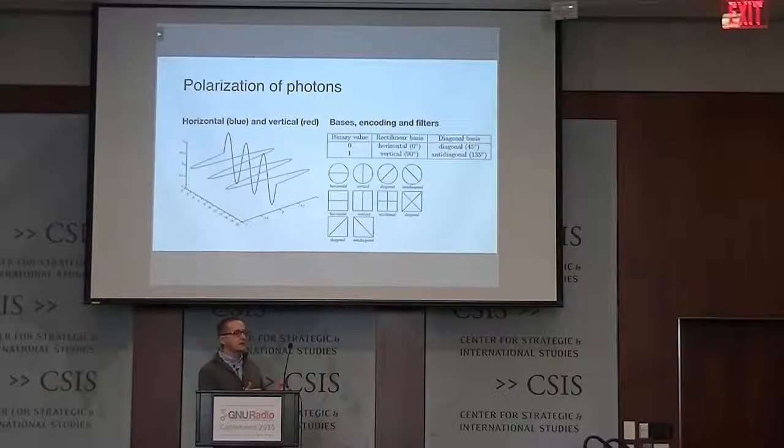And to measure photons, we use filters. The squares represent 6 possible filters. I have a filter for horizontal, vertical, diagonal, and anti-diagonal photons. And I have 2 filters in the bottom right for the 2 bases.